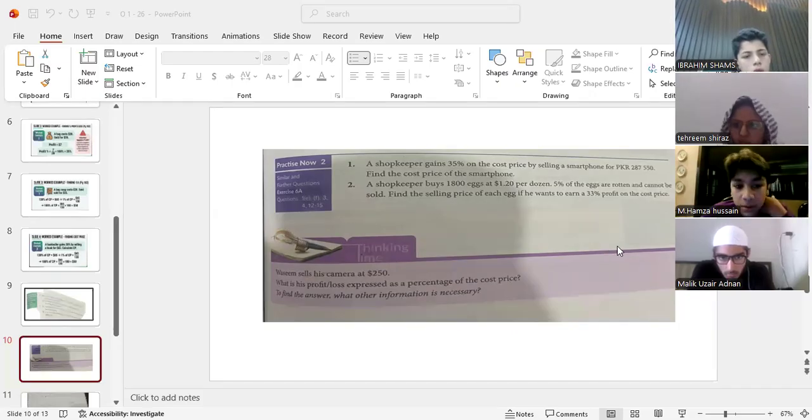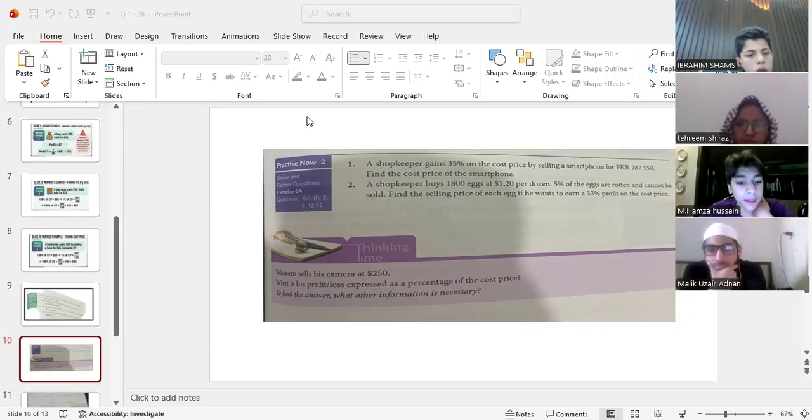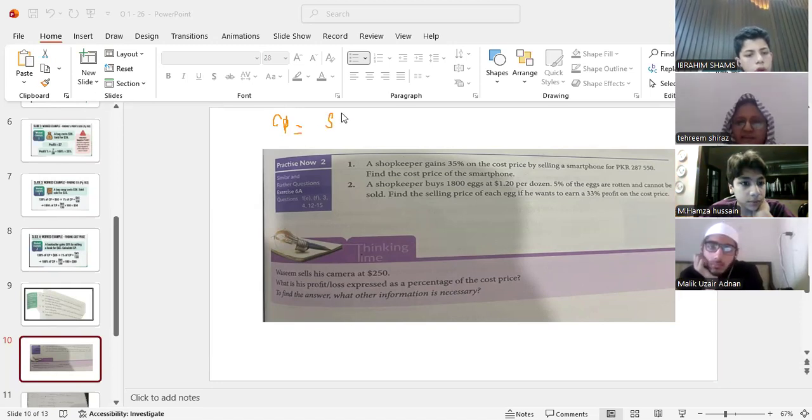Okay, this is another formula. I have already told you the one formula which was in the worked example. We know that cost price is always equal to sales price over 1 plus profit percent. Do you remember this?